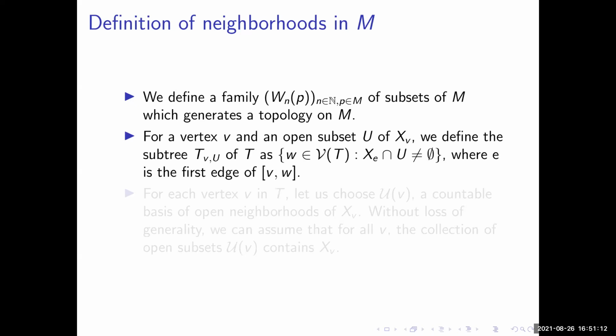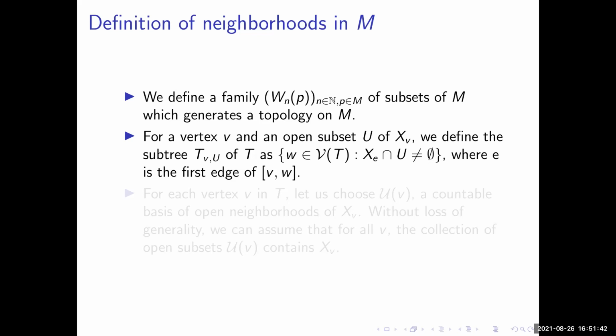For that, we just look at the vertex V and take an open subset U of X_V. X_V is a compact metrizable space. So just take an open subset and we define this subtree T_{V,U}. This is a subtree of T. Suppose we want to include some vertex W of the Bass-Serre tree in this subtree. What do we do? We look at the geodesic joining V to W and look at the first edge, e, let's say.